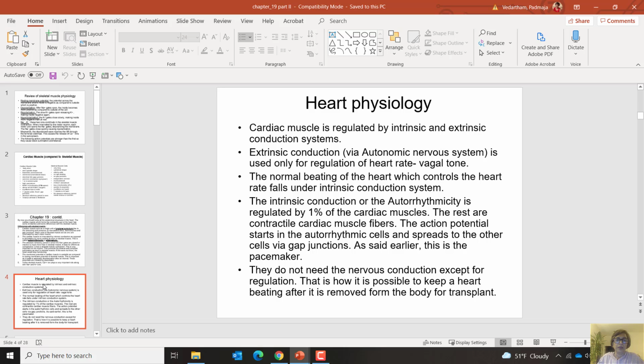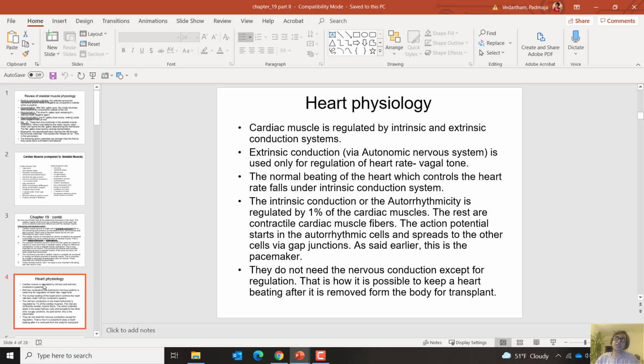So there are two kinds of innervation conduction system, intrinsic and extrinsic. Extrinsic is the control of the rhythm. We have a normal heartbeat, and when we are exercising, the heartbeat increases. When we are sleeping, the heartbeat decreases.